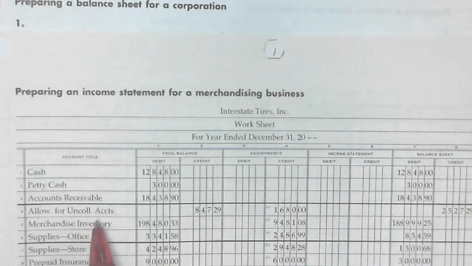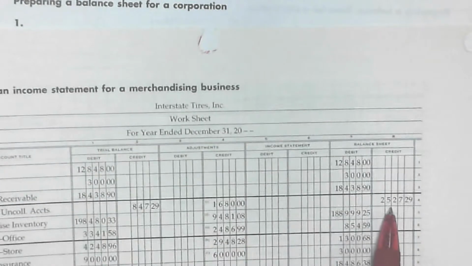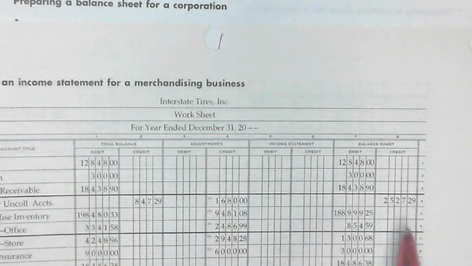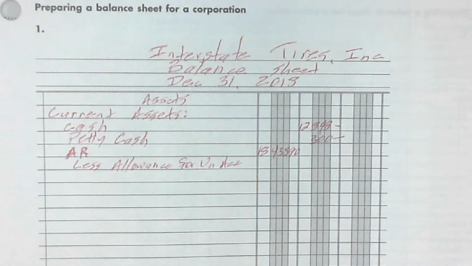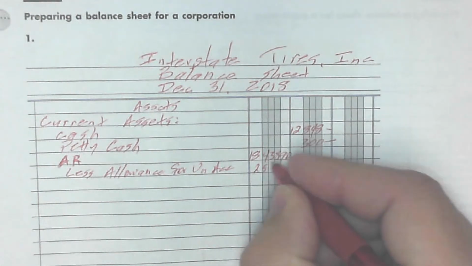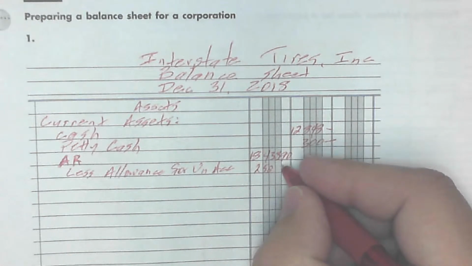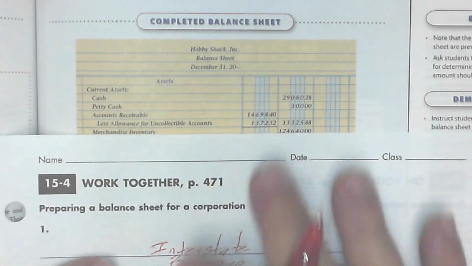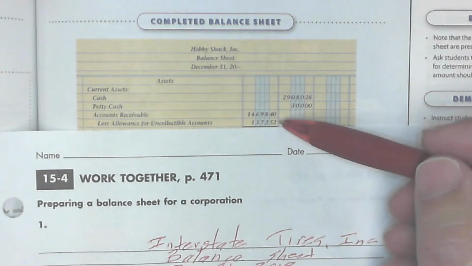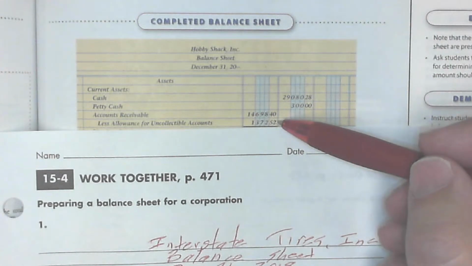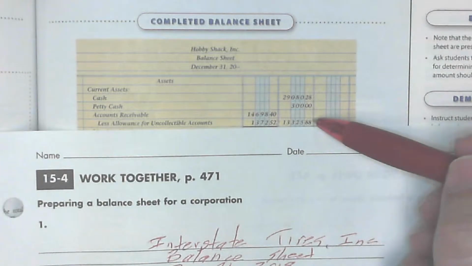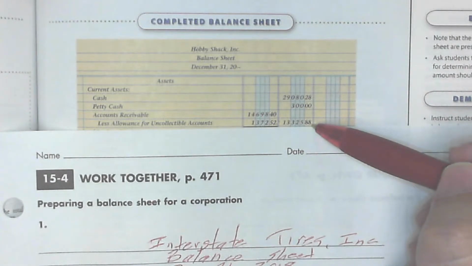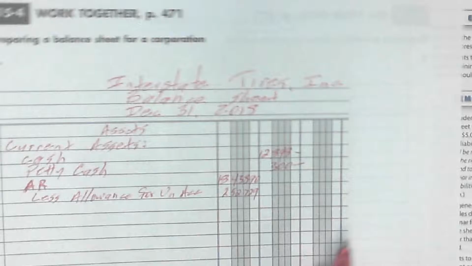Our allowance for uncollectible accounts down here in our balance sheet column, $2,527.29. So as you can see here in the example, we're going to subtract our allowance for uncollectibles from the AR and put that amount here in this middle column underneath our cash and our petty cash.